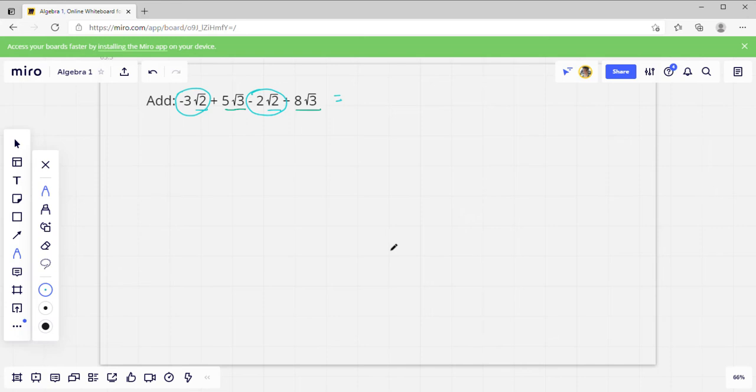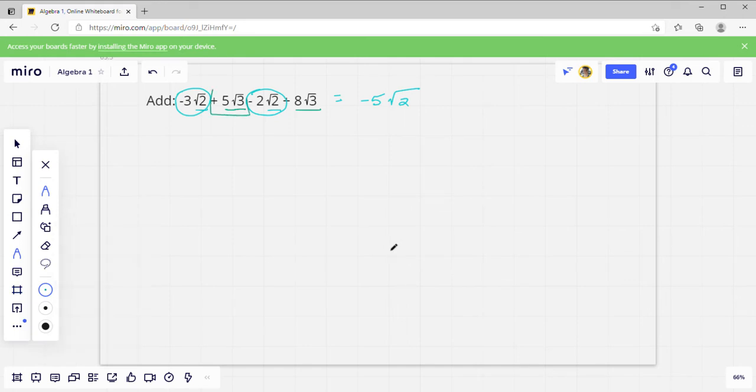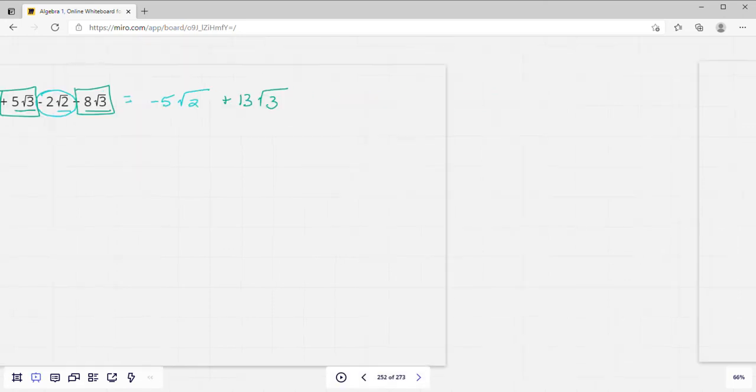Negative 3 and negative 2 would make a negative 5 times the square root of 2. And then my square root of 3's I have positive 5 times the square root of 3 and positive 8 times the square root of 3. 8 and 5 would be 13, plus 13 times the square root of 3. Okay, so you just add the ones that are the same, just like adding like terms.